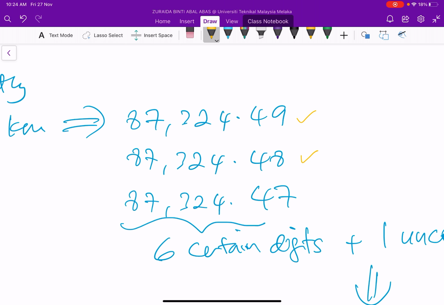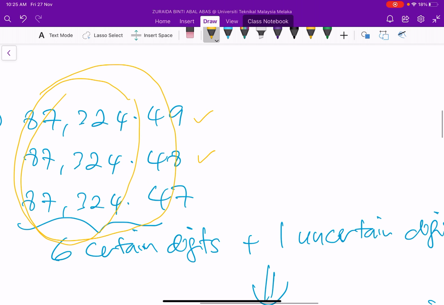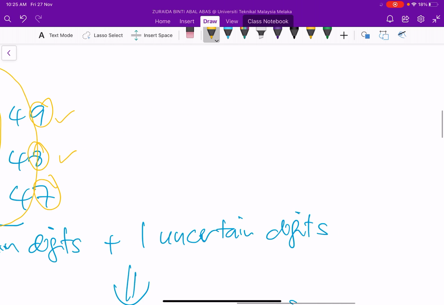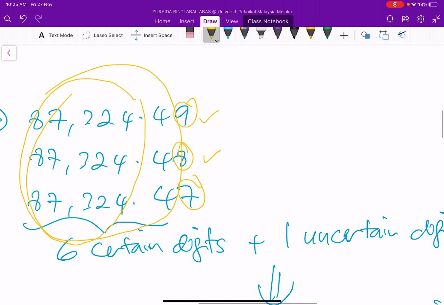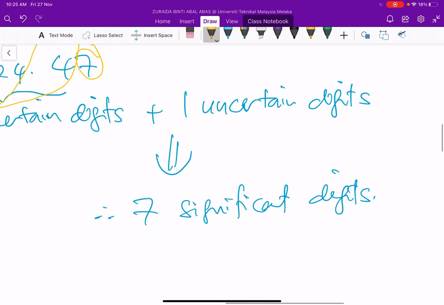You'll see here that these are six certain digits, and the digits at the back, 9, 8, 7, are those that are uncertain. So it's a combination of six certain digits plus one uncertain digit. Therefore, it's going to be 7 significant digits.